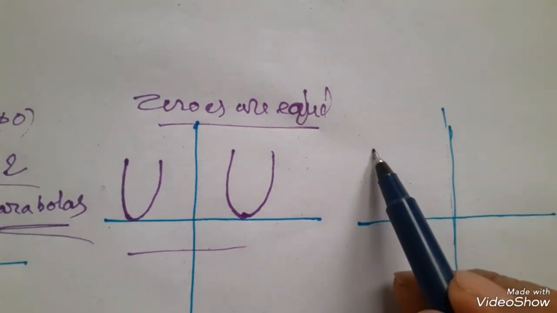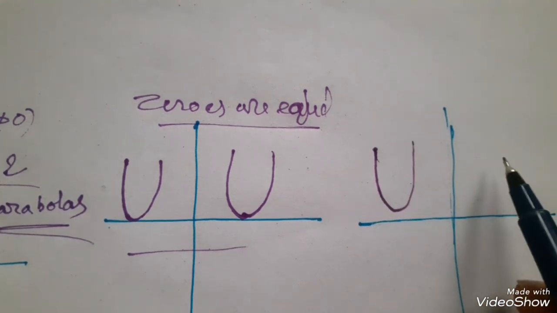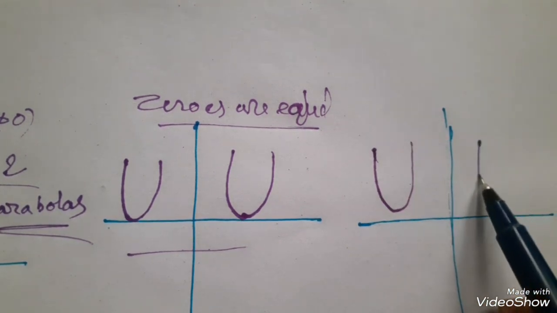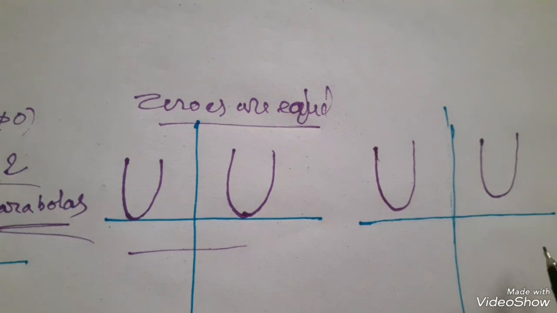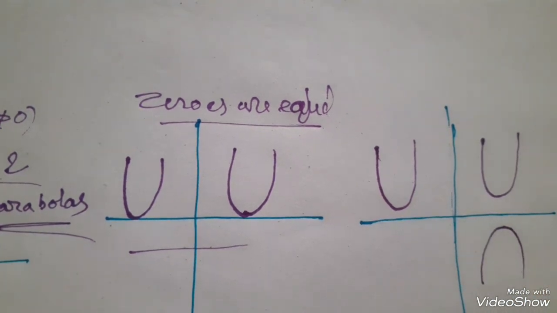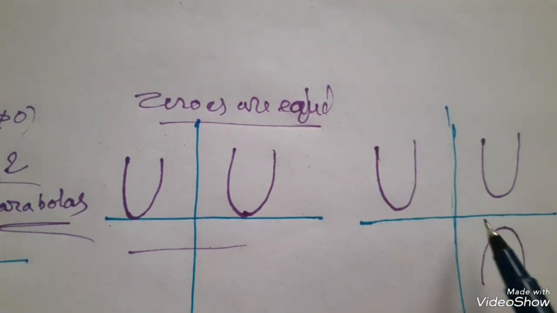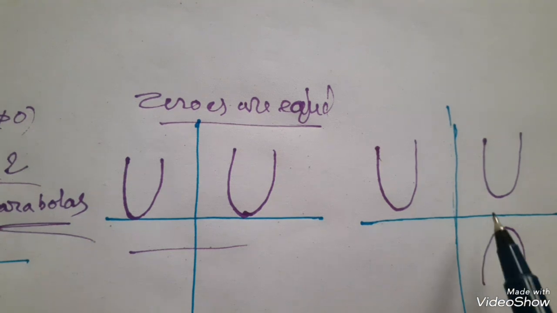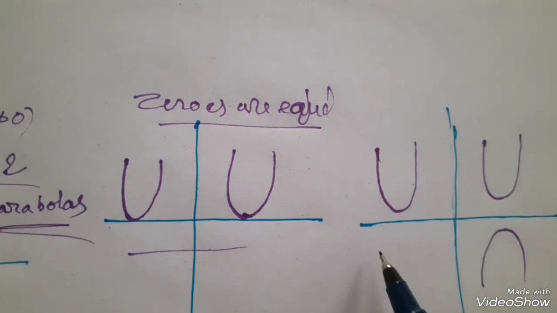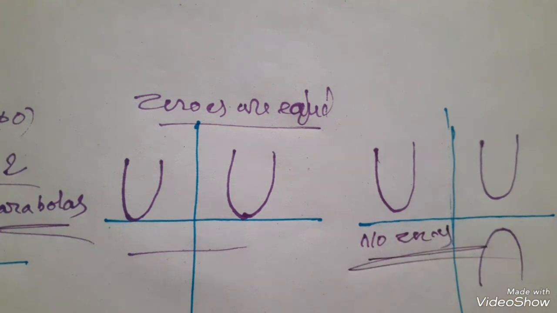It just doesn't touch the x-axis, like this, or it may be down also. So when the graph of the quadratic polynomial is like this, then it has no zeros. Understand? Thank you.